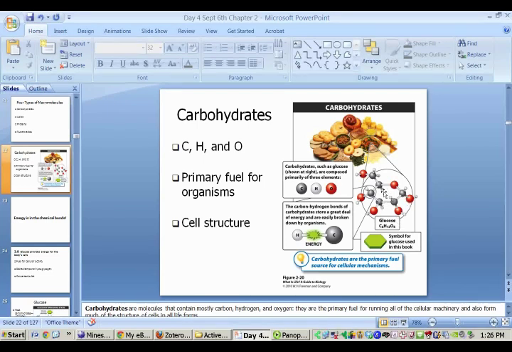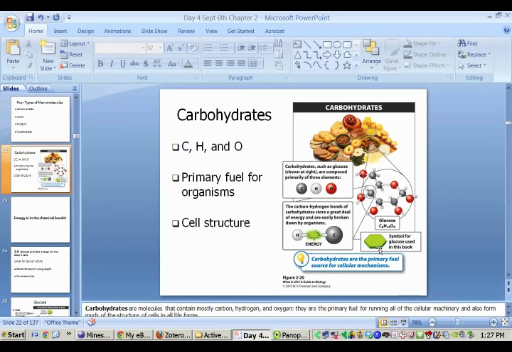When those bonds are broken, that's when energy is released. In carbohydrates, we see an extreme amount of energy being released, and so those are broken down by organisms. This little green symbol is the symbol for glucose that's used in this book.